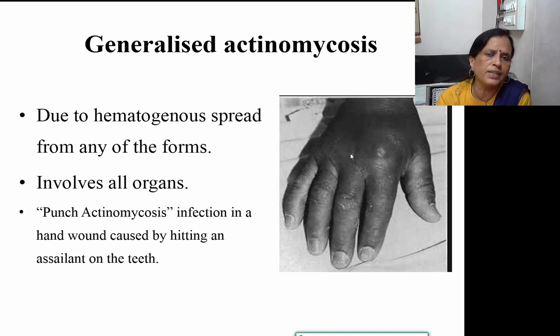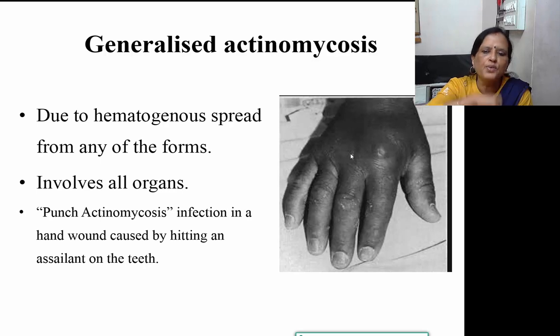What are the forms we described? Cervicofacial, thoracic, abdominal. Sometimes we say pelvic actinomycosis also. Then generalized. See, there's something special here. You can see the hand involved. I was telling you only following bite, right? So this is punch actinomycosis. What is that? You give a punch.